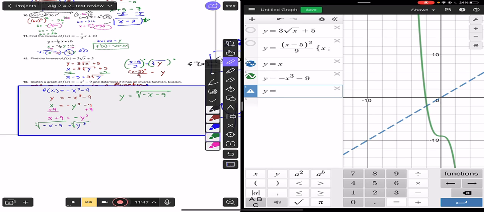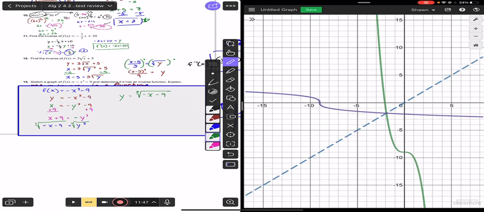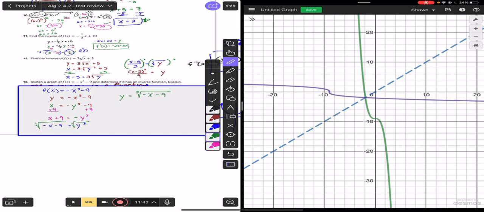Now I've got to do cube root again, but I don't know how to do that, so I'm going to put negative x minus 9 and raise it to the 1/3 power, which is the same as cube root. So there it is. Yep, those two are just beautiful reflections about the line y equals x. And so we're in really good shape.